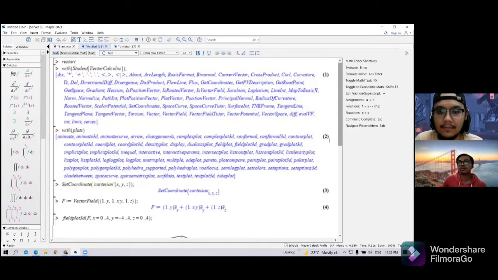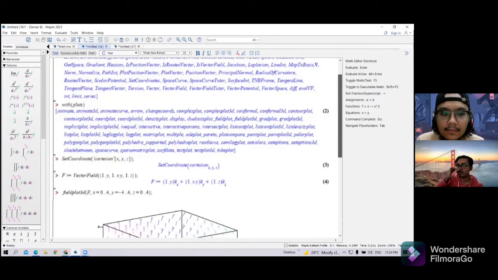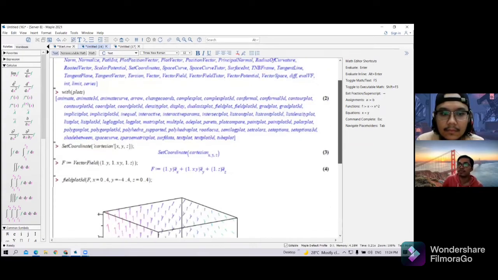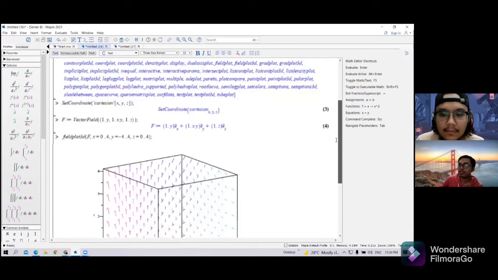So for the software calculation, we use Maple 2021. The commands from the top are: restart, then with student vector calculus, then with plots, then set coordinates, define F, vector field plot, and then we got the 3D graph.